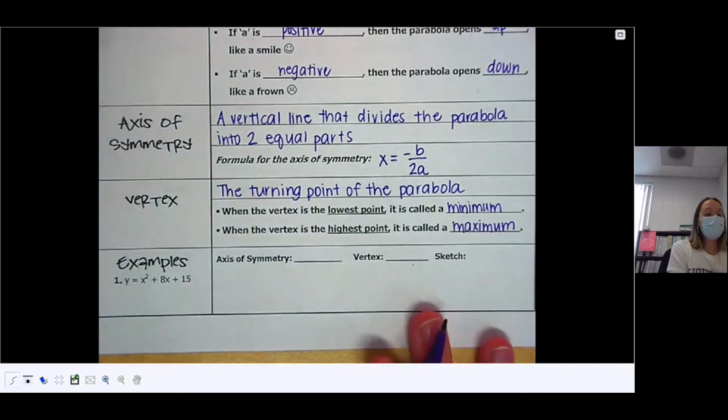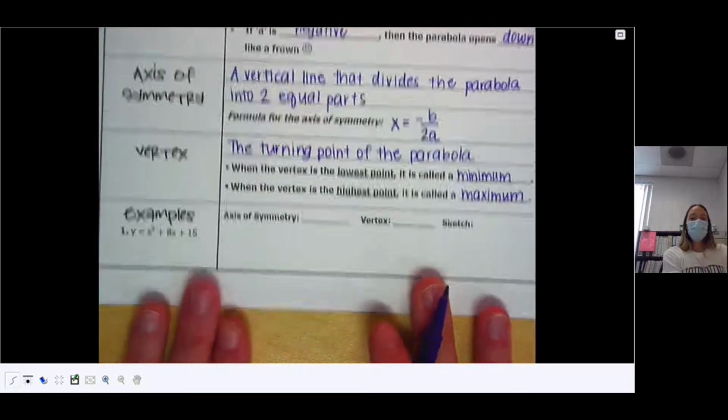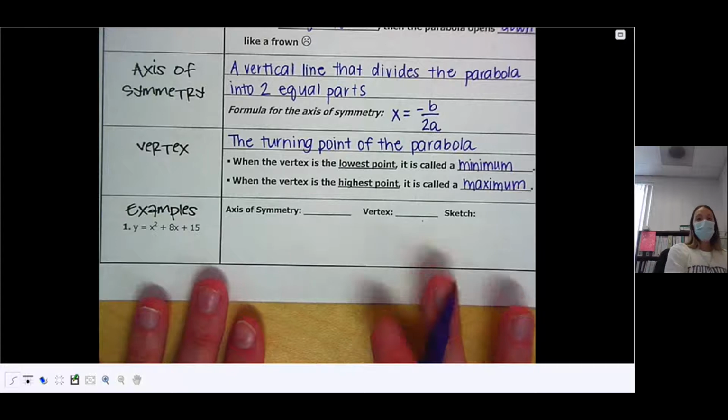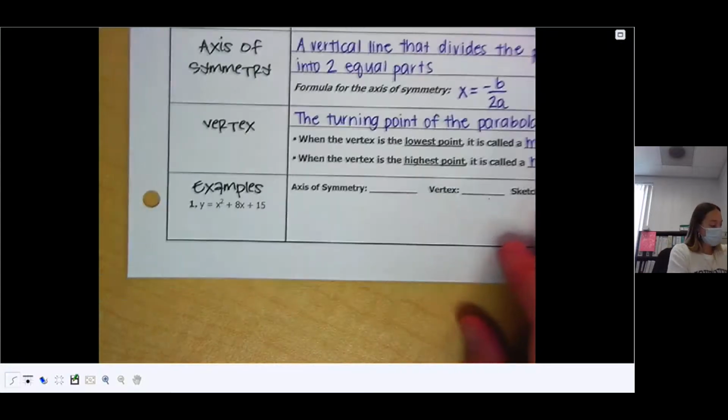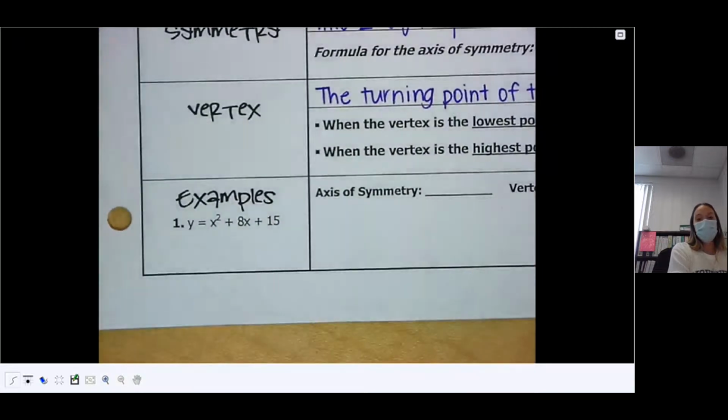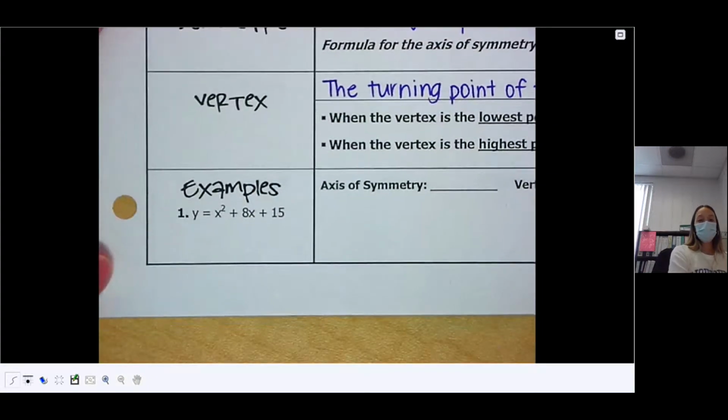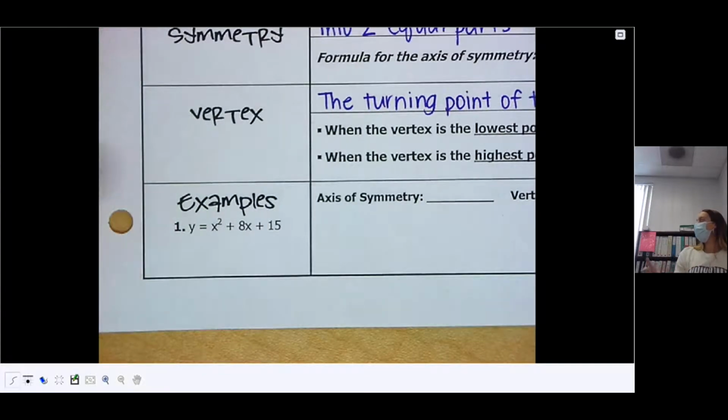So using all of this information, we're going to practice sketching a graph, finding the axis of symmetry, the vertex, and then figuring out if our graph is a smiley face or a frowny face. Okay, so let's take a look at our first example. We've got y equals x squared plus 8x plus 15. First thing we're going to do is write what our A, our B, and our C is.